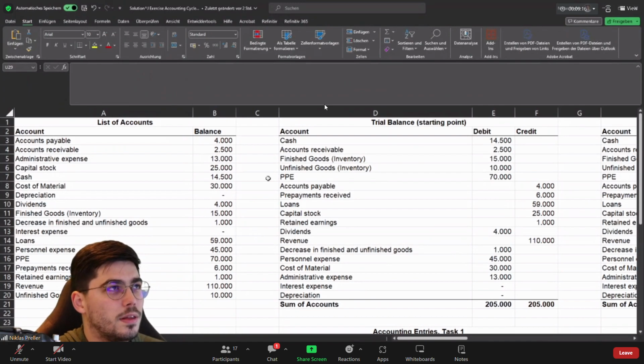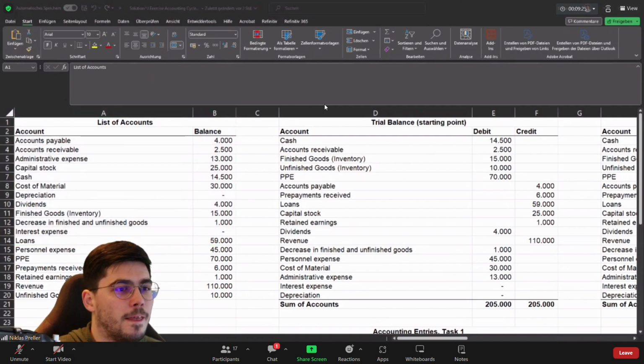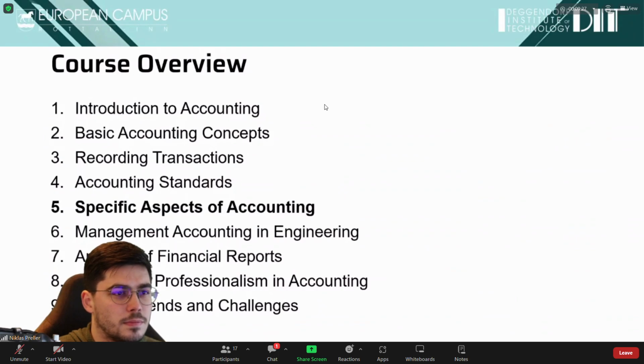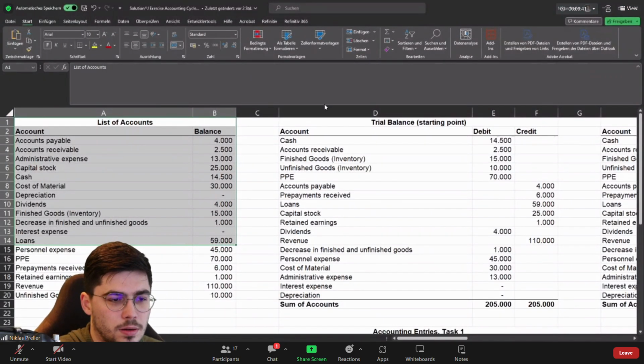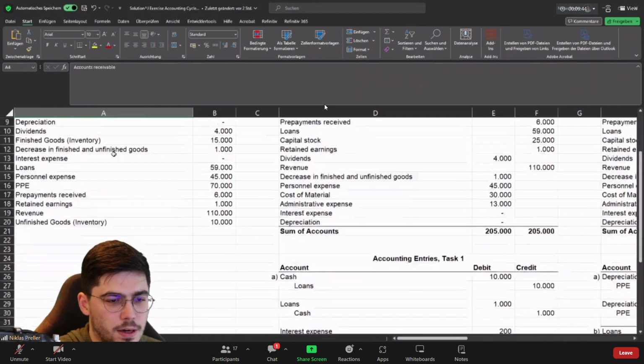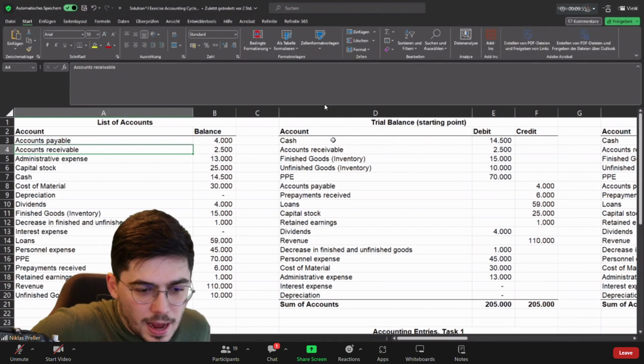So we have here the list of accounts with their current account balance, and then on the right, the trial balance from the starting point. The trial balance is ordered with assets first.